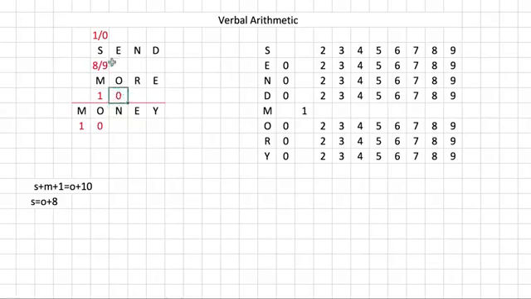Now if there's a 0 in this equation, like E plus O is equal to N, then there will never be a carry, because there's a 0 here, right? Even if there's a carry coming here, and if E is the highest number, then we can have 0 here, which is not possible and cannot be 0, right? So there will be no carry. So carry will be 0 here, and this value has to be 9.